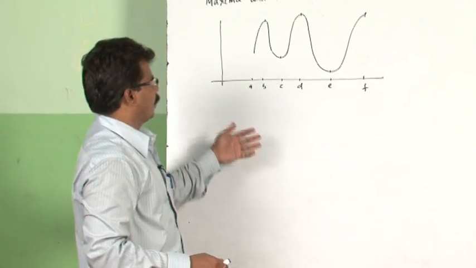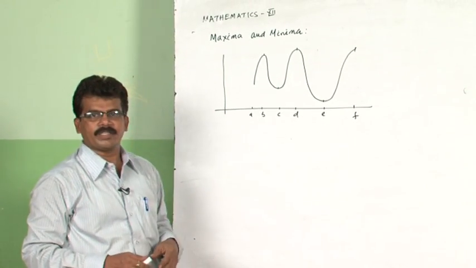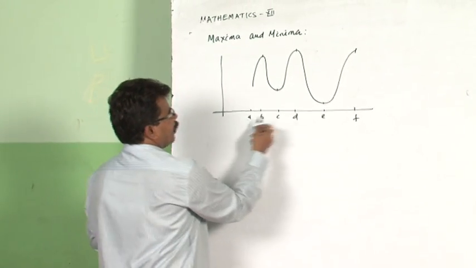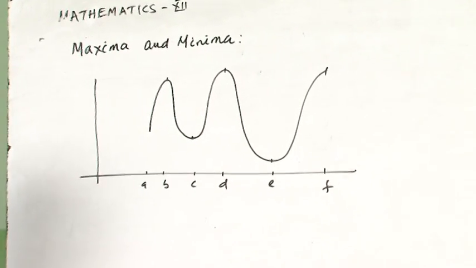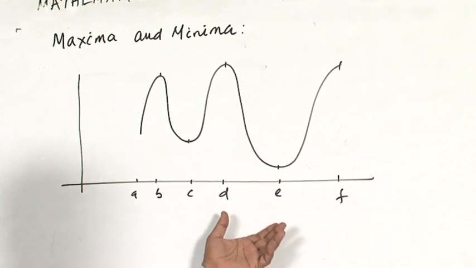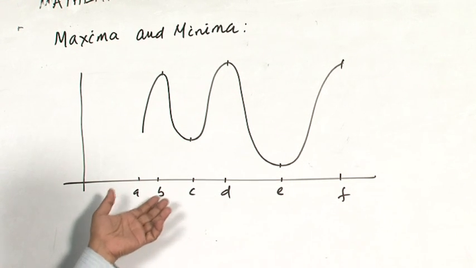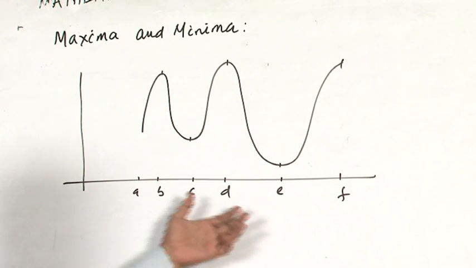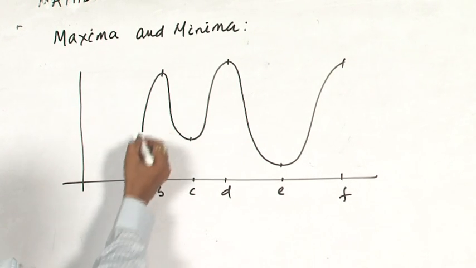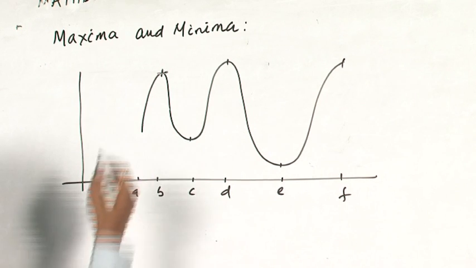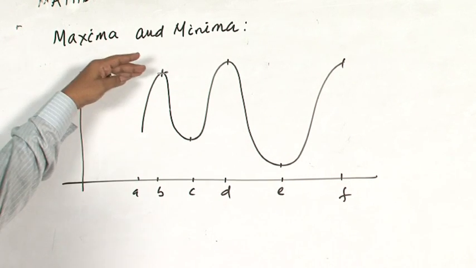Children, observe this function. Now, tell me whether the function is increasing or decreasing in the interval a to f. Yes, the function is neither increasing nor decreasing. Therefore, we divide the domain of the function into some intervals. In the interval a to b, the function is increasing and it attains a maximum point where the derivative vanishes.